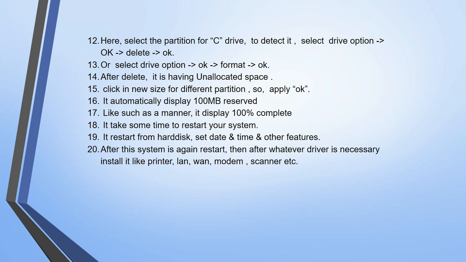But whatever contents are inside your C drive can never be recalled after installing any Windows operating system, or if you format your C drive, everything is vanished from your C drive. So if I have already installed the printer or modem or scanner, when I install the Windows operating system, every driver software is vanished from my C drive.